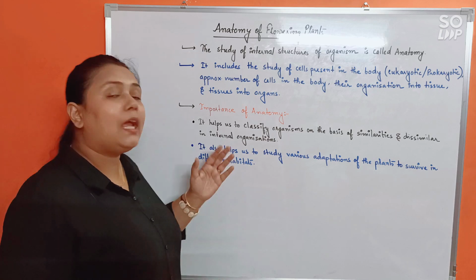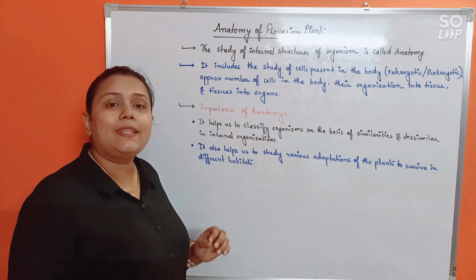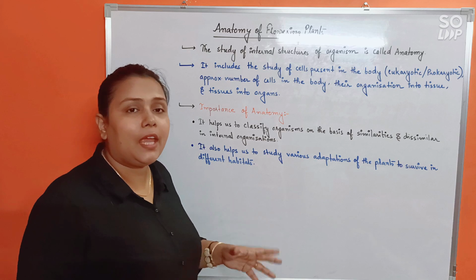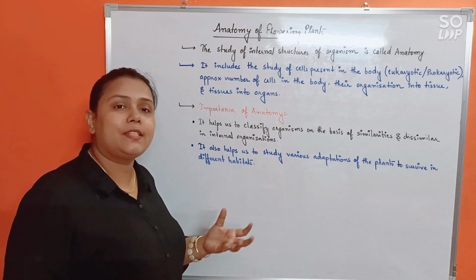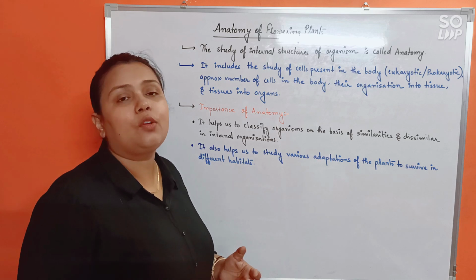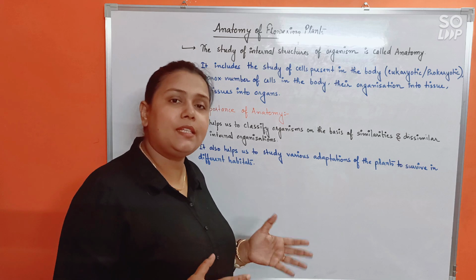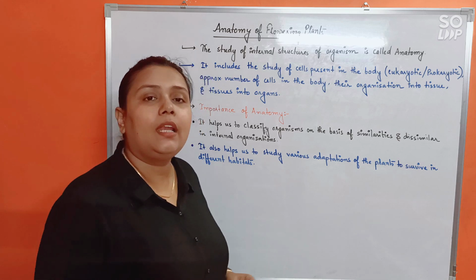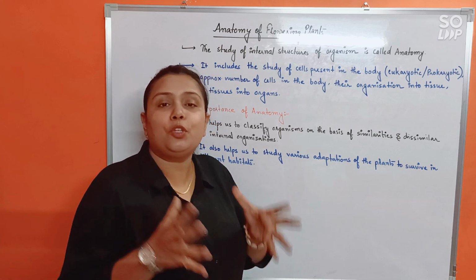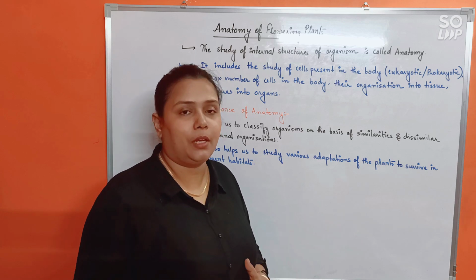That's because it helps us to classify. It's a very, very important term. That's classify. Classification you have already learned in class 9 or 10, isn't it? So classification, if you remember, is all about forming groups of organisms based on their similarities and dissimilarities, isn't it? Like we are trying to put together similar organisms and we are trying to separate the dissimilar ones.